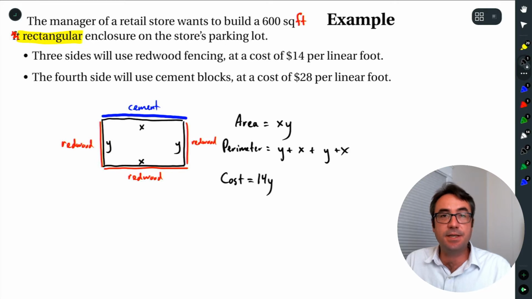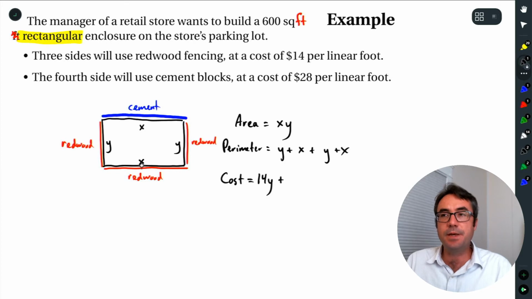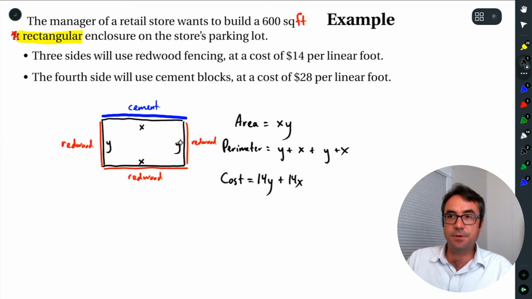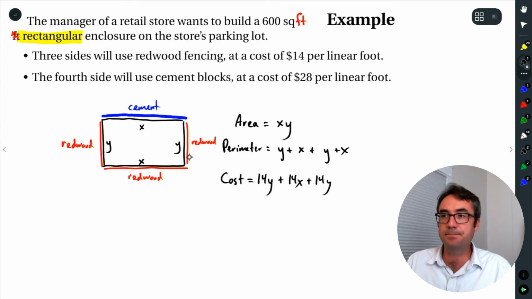And x is the dimension, so it's telling us how many feet make up this side. So the cost of building this side would be $14 per foot times x. So 14 times x. Same thing for this side here. The length is y. It costs $14 per linear foot. So 14 times y to build this side.